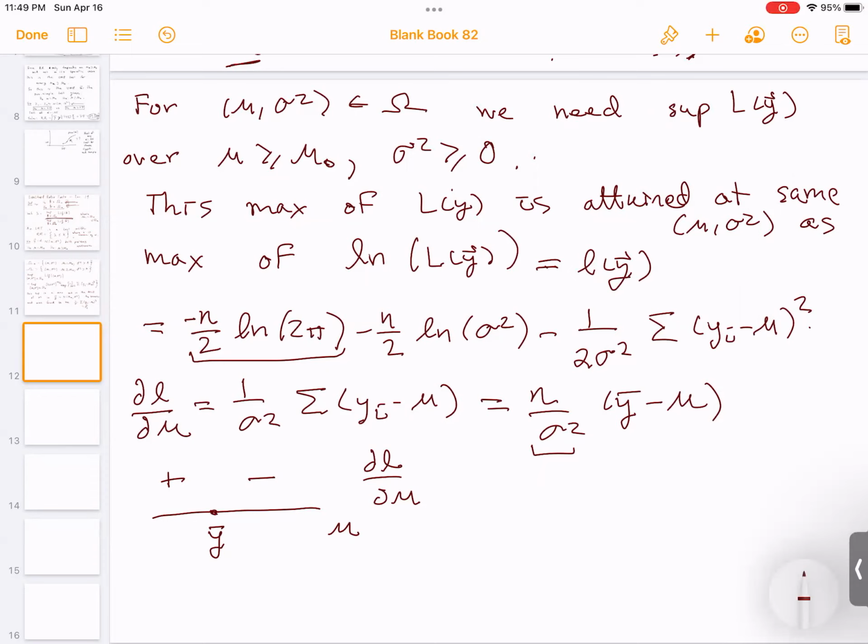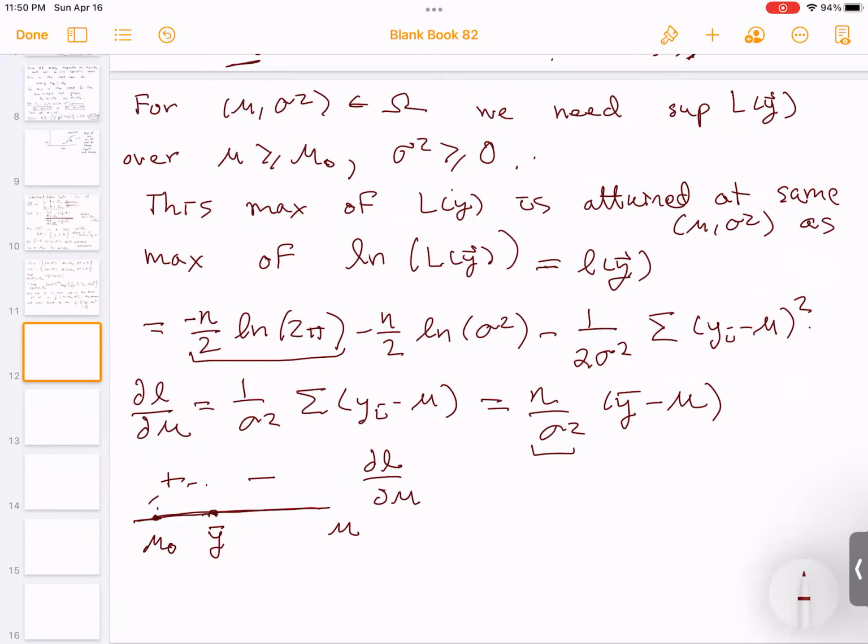So that's the normal case. If we put mu 0 here and y bar bigger, this maximizes the likelihood. I have L increasing and then decreasing.